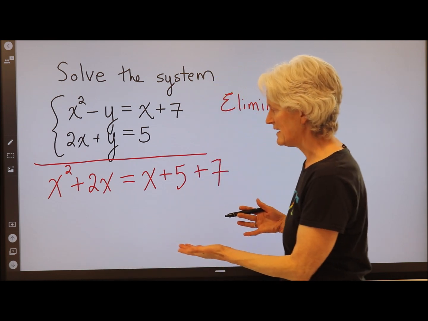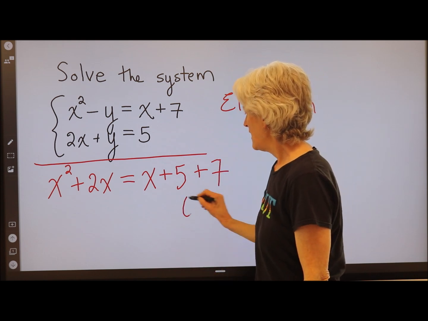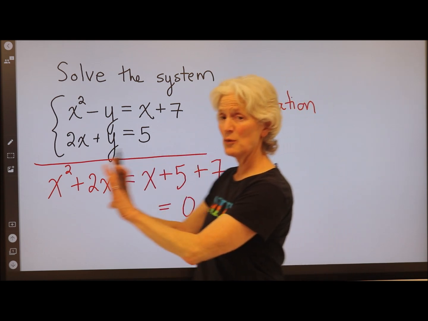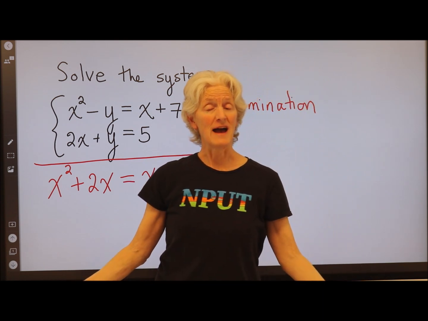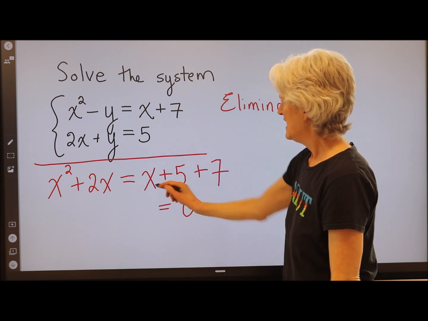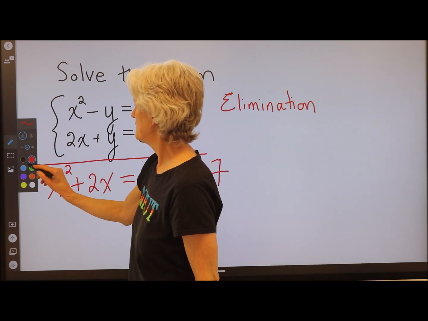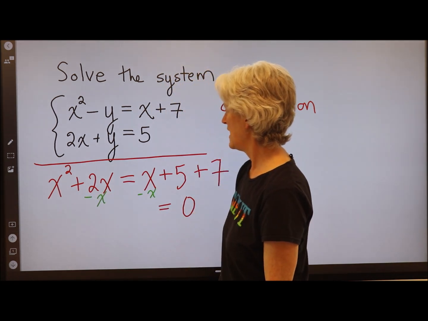This is a quadratic. And I can solve a quadratic by getting everything over onto one side, setting it equal to 0, and then either factoring or using the quadratic formula. So let's do that. Let's bring this x over. So I'm going to subtract x from both sides. Okay.